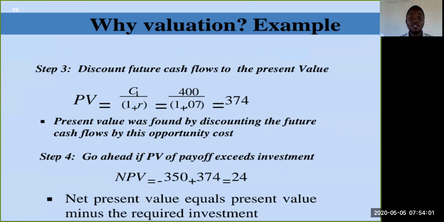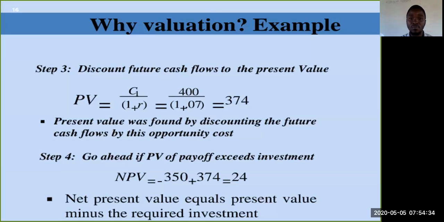Then we see that the cost of building the office block was 350. And then the present value of the future cash flow of 400 is 374. And we see that this value is greater than the cost of building the office block, so using the rule of present value, we have to go ahead with the investment.